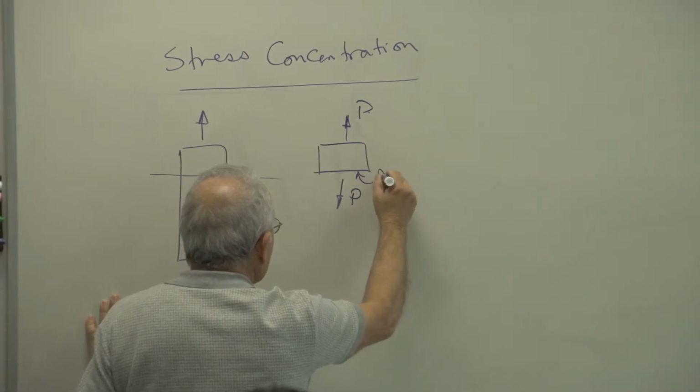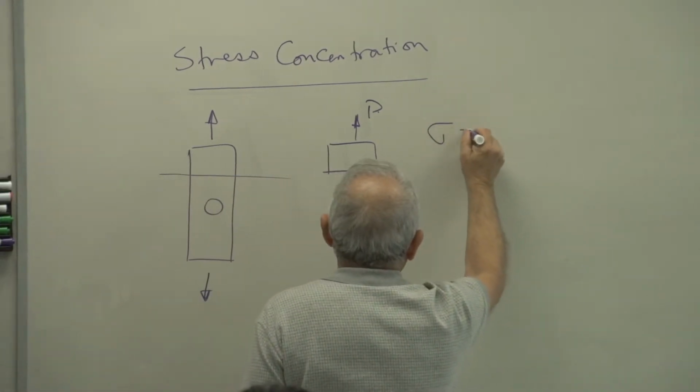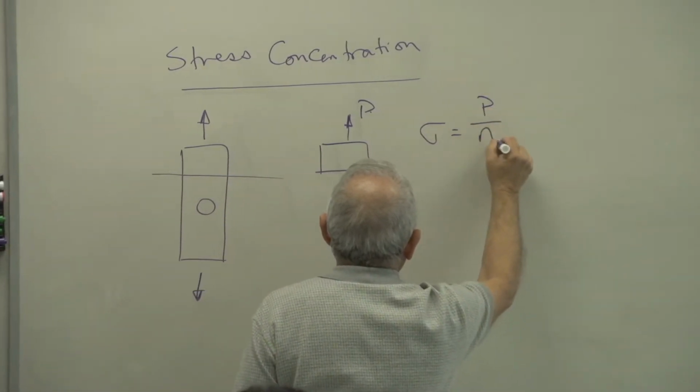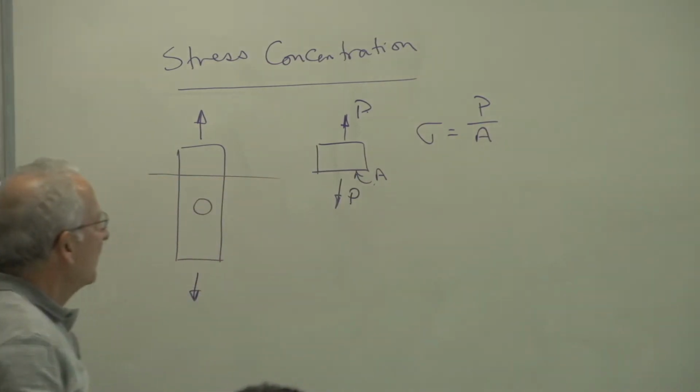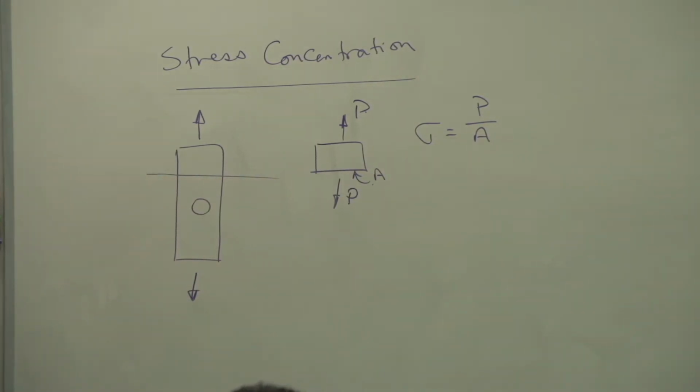If this cross-sectional area is A, the nominal stress is defined as P over A. And this stress is assumed to be constant over the entire cross-section.